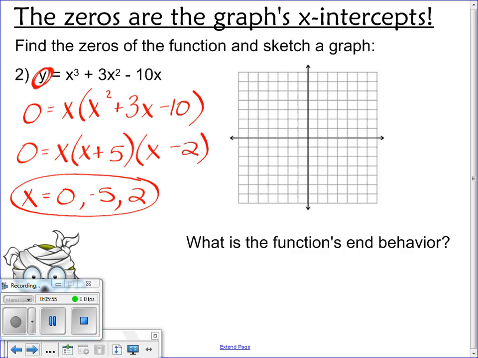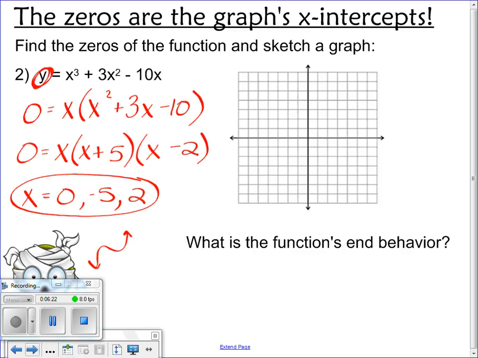Now, if I'm asking you to sketch a graph, how do I know what it looks like? Without even a graphing calculator, you should be able to give me a rough idea what it looks like. Well, let's talk about end behavior. Odd and positive. Squiggly up. We know it looks something like this.